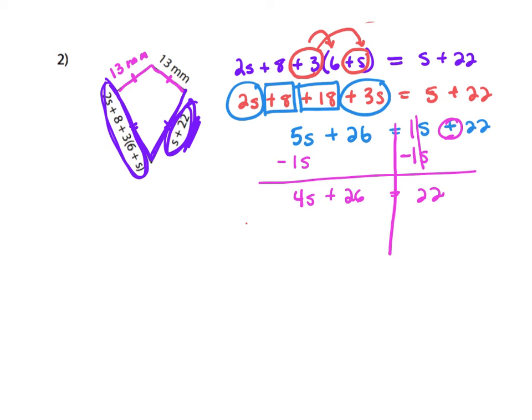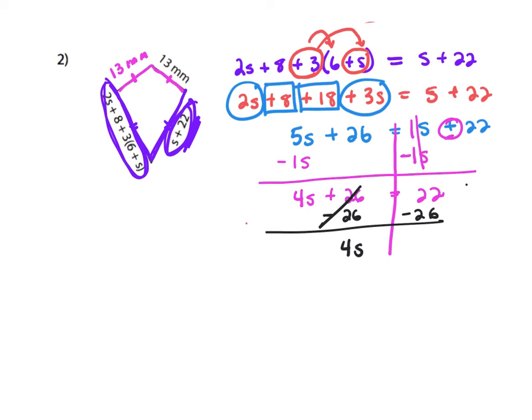And we're going to continue our solving step. Our next solving step is to eliminate the constant. So I'm going to eliminate the constant. And on this side, it eliminates, dropping down 4s. But here we go. We're not going to be able to avoid a negative because I have 22 minus 26.